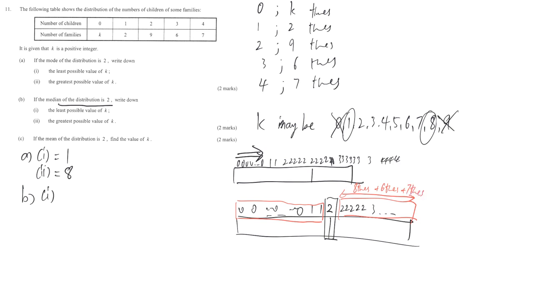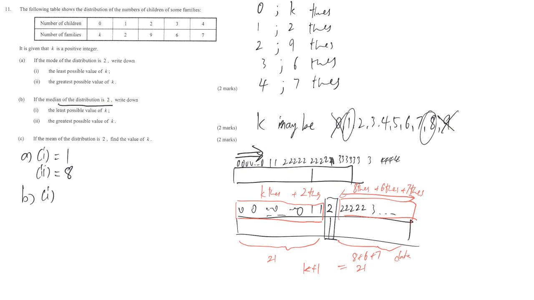So together here, we know that there are 8 plus 6 plus 7 data. That means 21 responses here. To make it the median, there should be 21 also on the left. And this is k times plus 1 appearing 2 times.